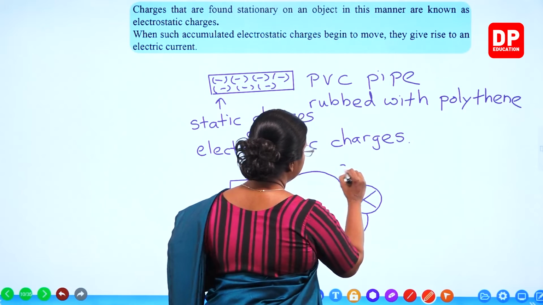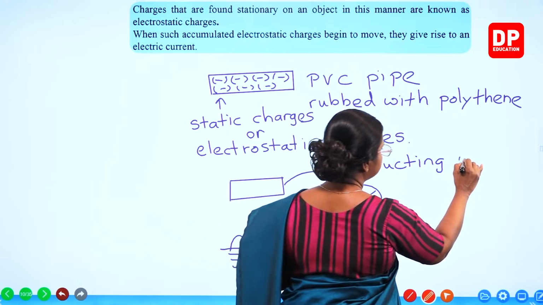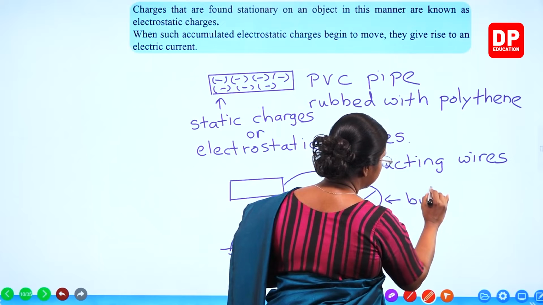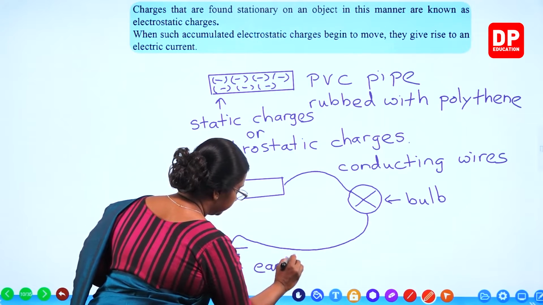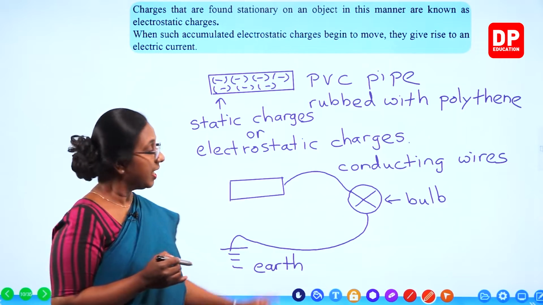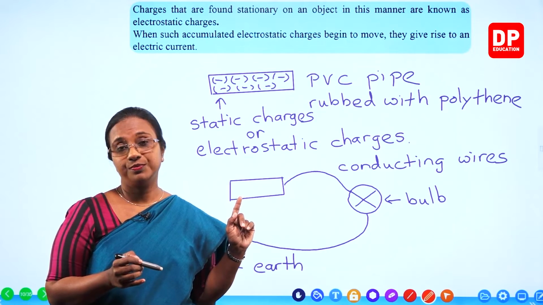Now if we connect it to conducting wires, then a bulb, and here earth. So earlier there were charges here. Now you have created a path for the charges to flow.